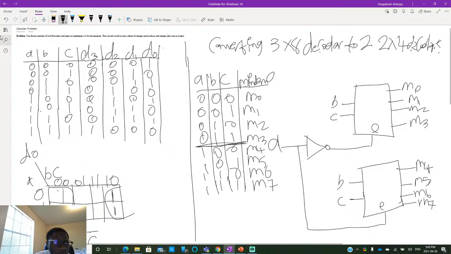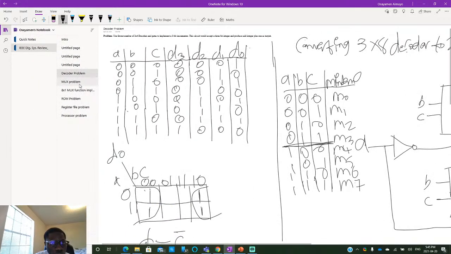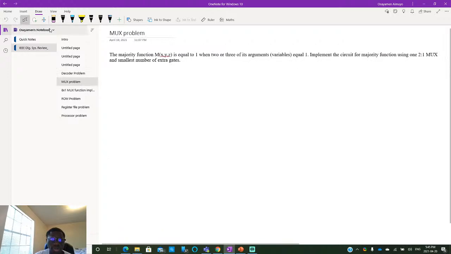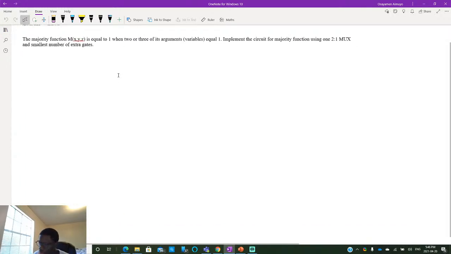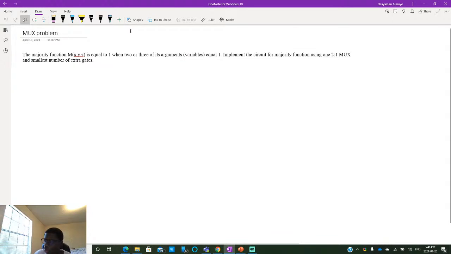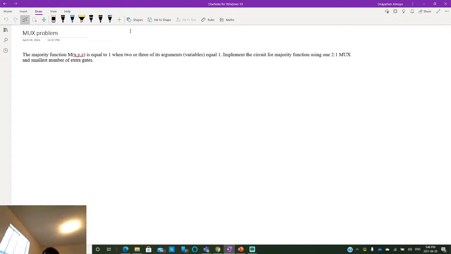Okay, so let us move on to multiplexers. Before we work on this problem, let us examine multiplexers. So what are multiplexers?